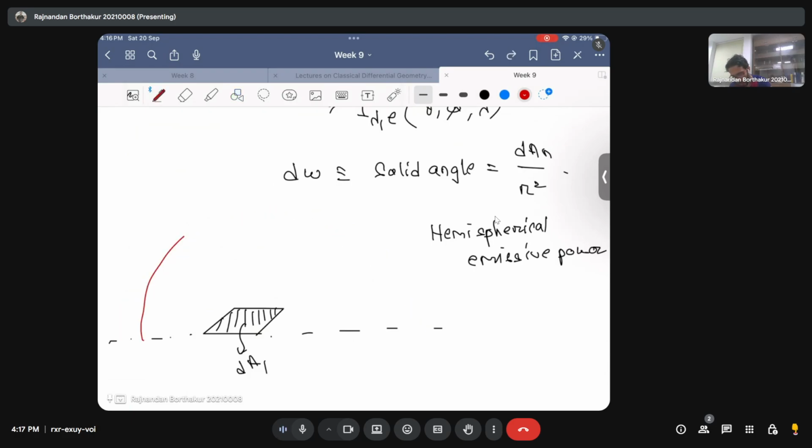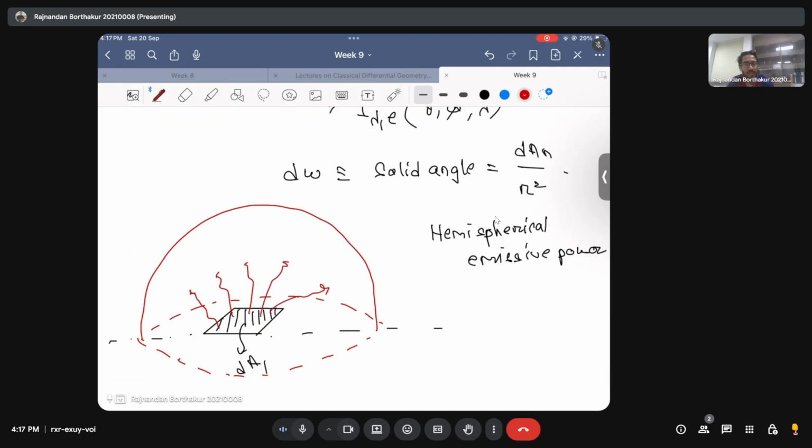The only surface that will give you an idea of the total radiation emitted from this body is a hemisphere that will encompass all the radiation that leaves dA1. This dA1 will emit radiation with some intensity in all possible directions.